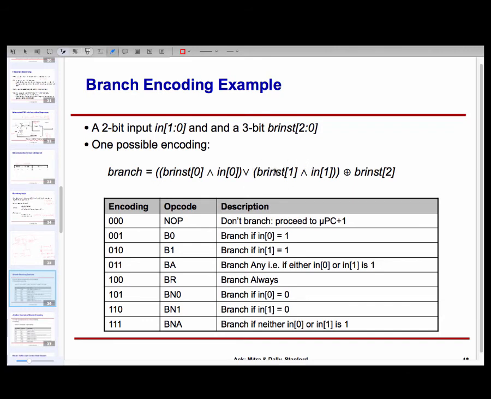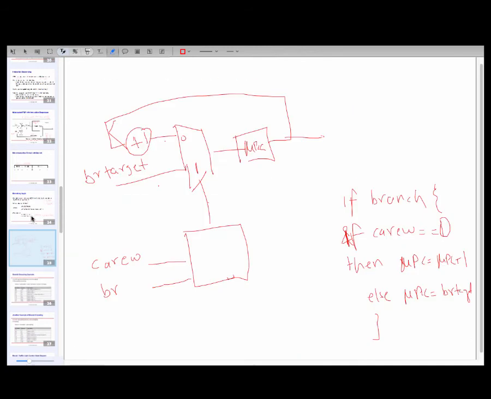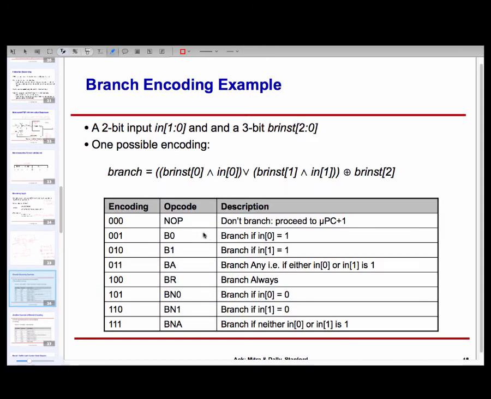So I have 0 or 0, so this whole thing would be 0. 0 XOR branch instruction 2. Well, branch instruction 2 is also 0, so I have 0 XOR 0, which is 0. So it will select value 0 out here, which would be the incrementer. So it basically says, don't branch, proceed to the next state.